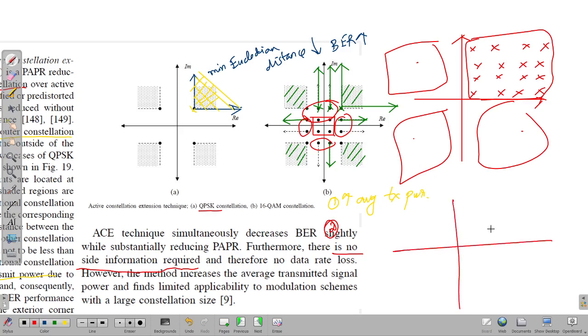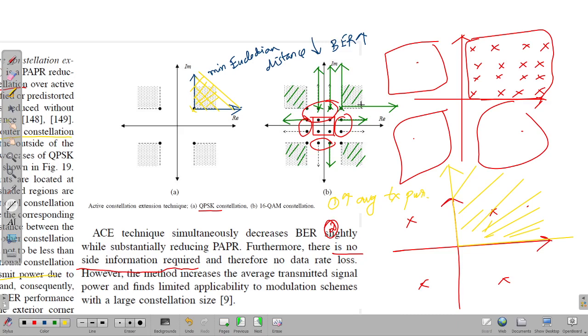If I have a constellation diagram like this, and my received symbol lies inside this quadrant, so this is the first quadrant, then it will get decoded as this symbol. So that is the principle of a maximal likelihood receiver.